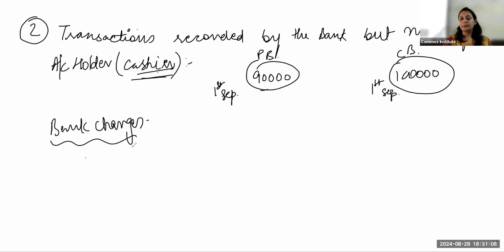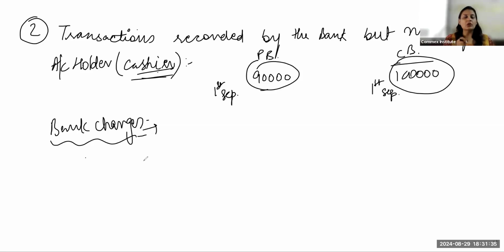But bank charges, like for a DD and so on, many times get overlooked. And what happens, because these bank charges are charged by him, the banker will deduct them from our account immediately. But my cashier will not deduct these because he does not know that the bank has debited this amount. Getting it?